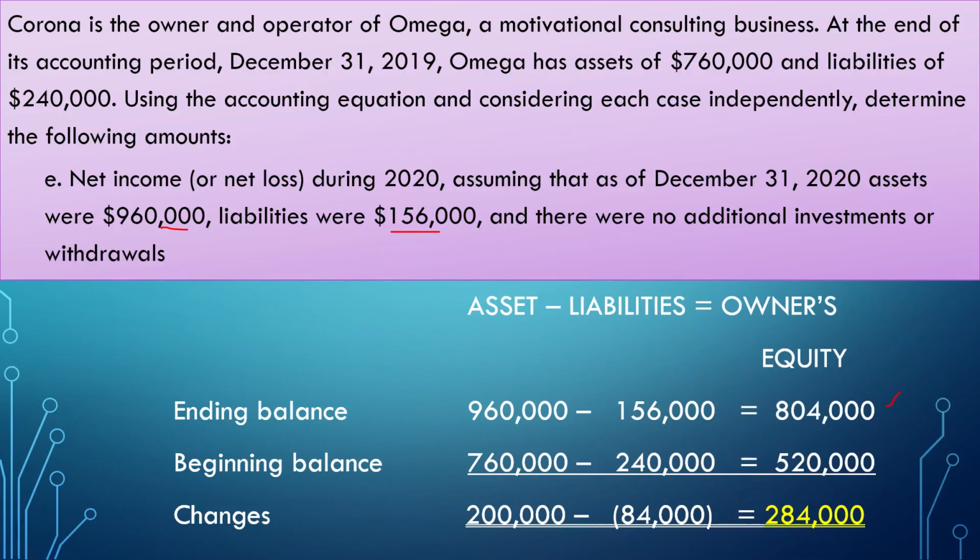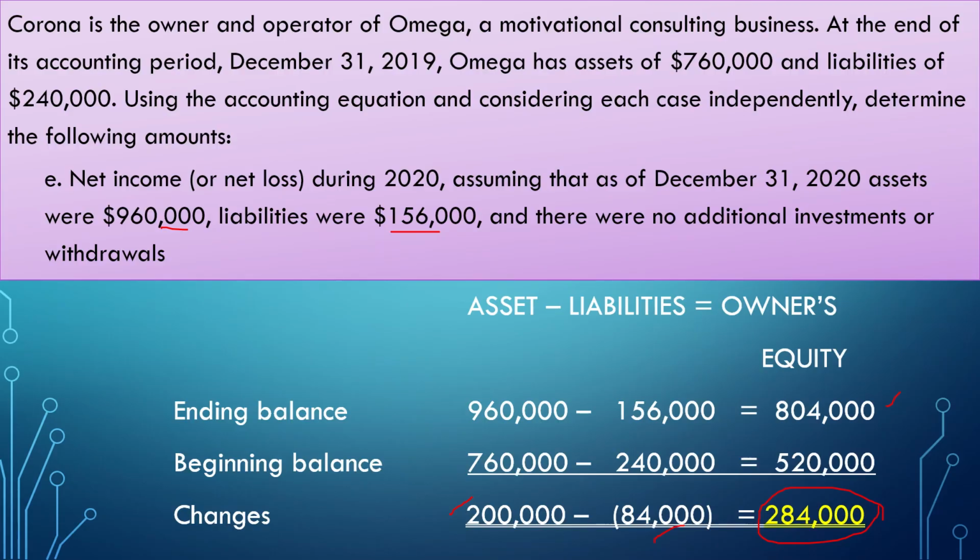So ending minus beginning, then you can get the changes. Or we have here the increase in asset of 200,000, decrease in liability of 84,000. So your owner's equity here basically increased by 284,000. So the difference between the beginning and the ending is your increase or decrease.